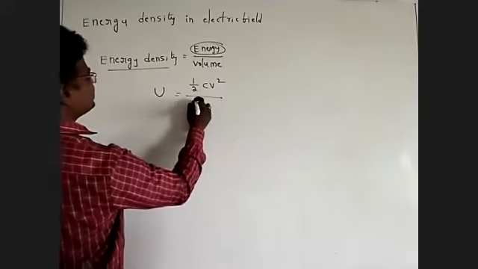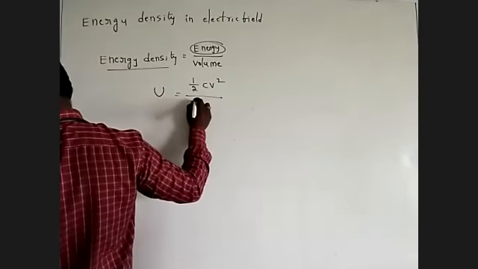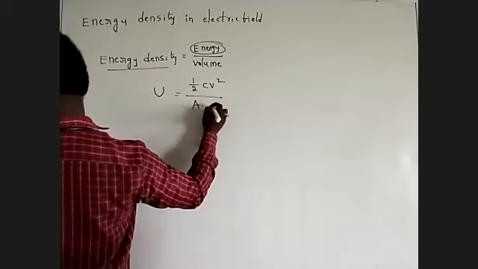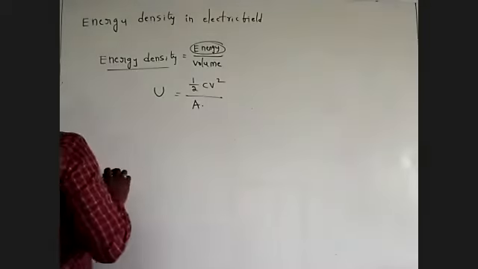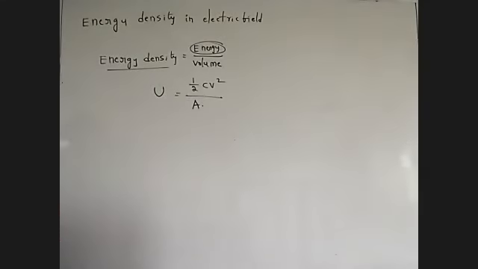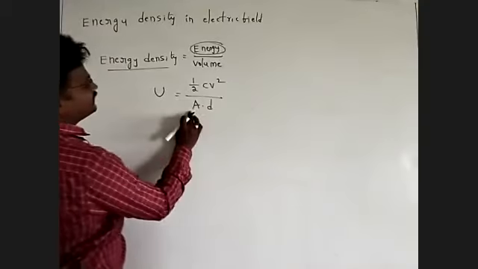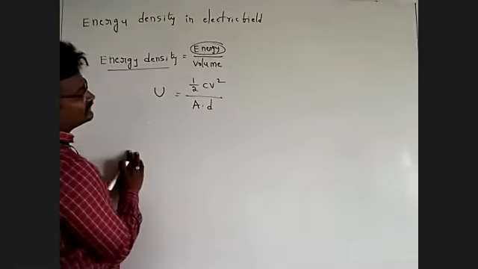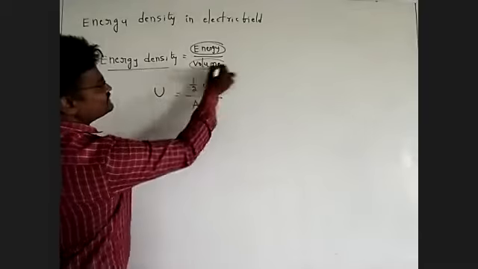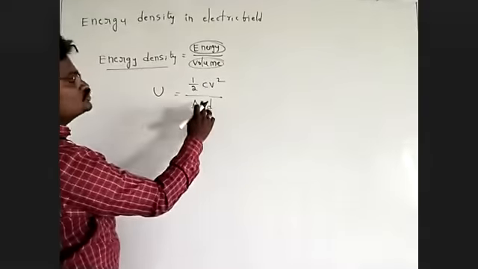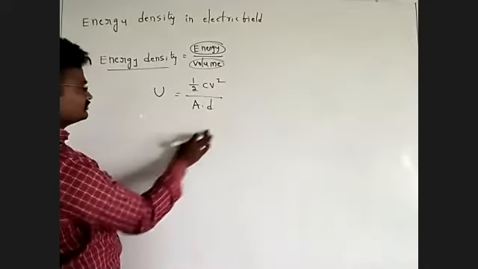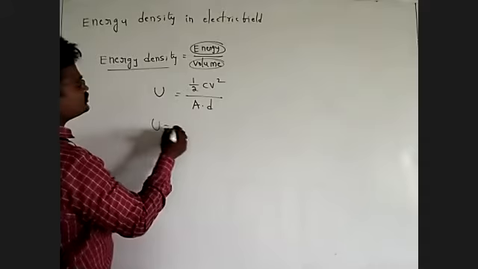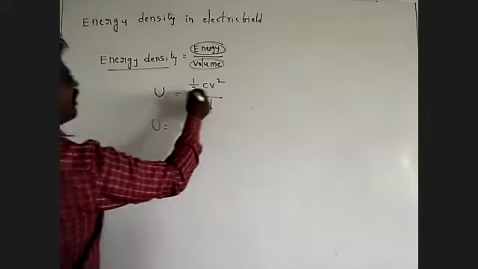Volume is area into length, that is A into D, where A is the cross-section area and D is the distance. So U is equal to 1/2 CV square divided by A D.